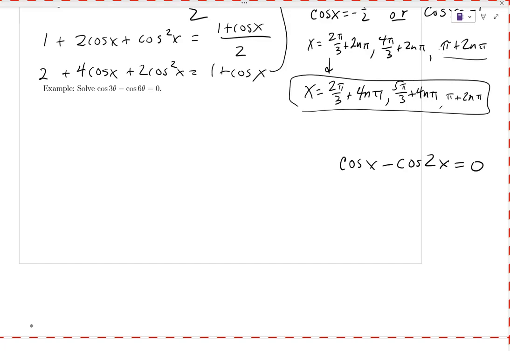What would you do? Probably move everything to the right side and factor and put cosine to it, make it positive.